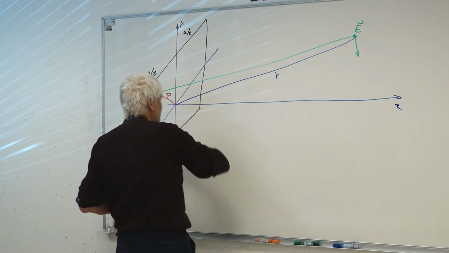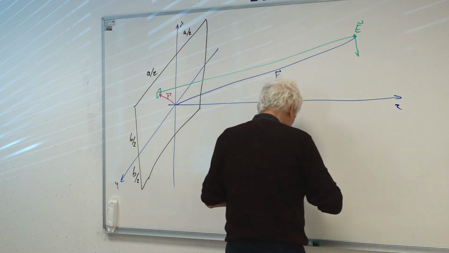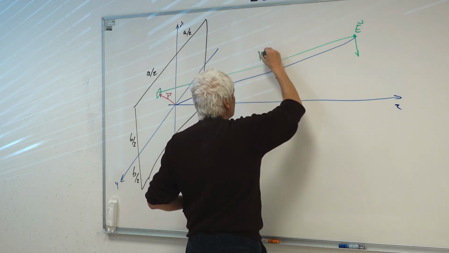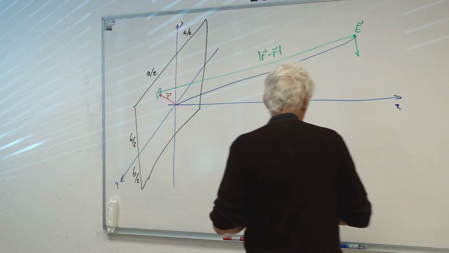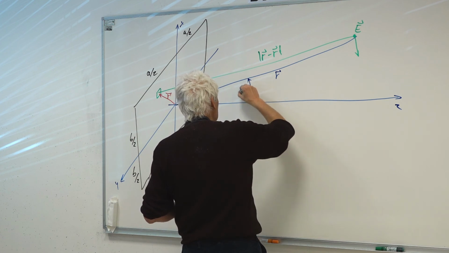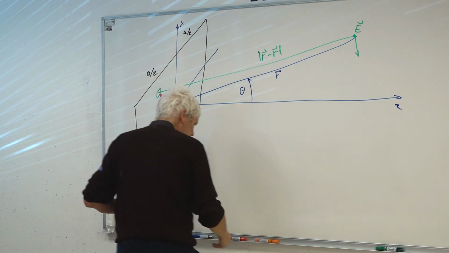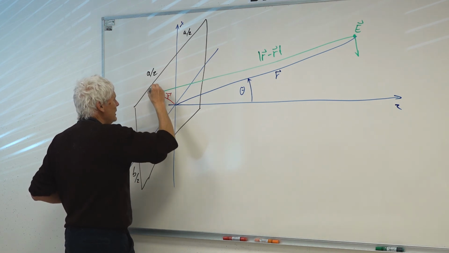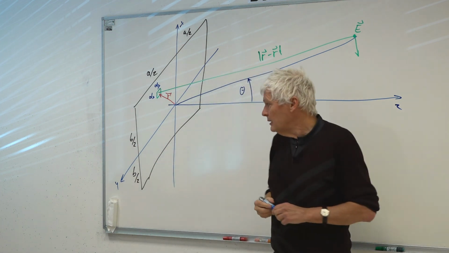So if I draw a vector, I should write also a vector sign here. So this is vector r. And this distance here is the absolute value of r minus r prime. Okay? So this is angle theta. And my Huygens source has differentially small size dx and dy. I can go differentially small, that's no problem.